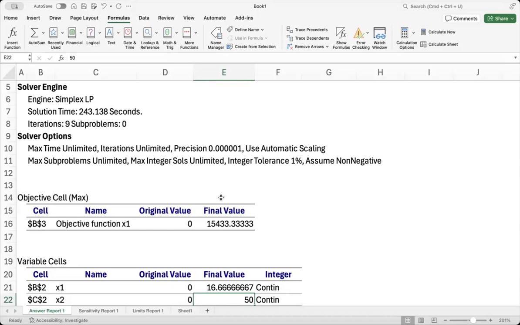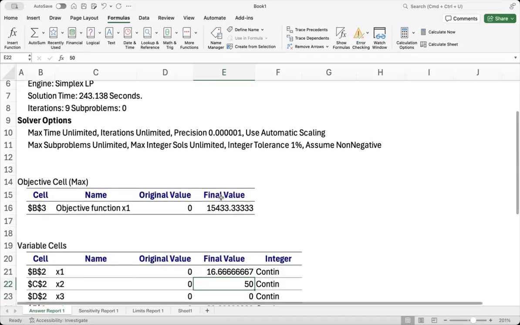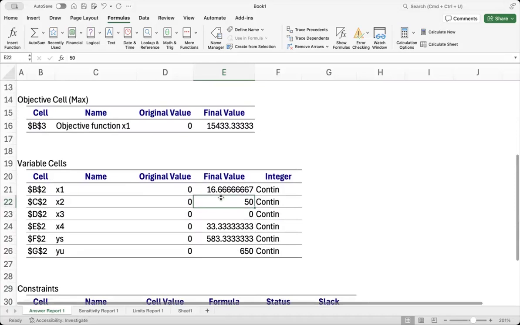The original value is 0, because I start from 0, all these variables are 0. So the objective function at the beginning was 0, and after optimizing it, we obtain this value.